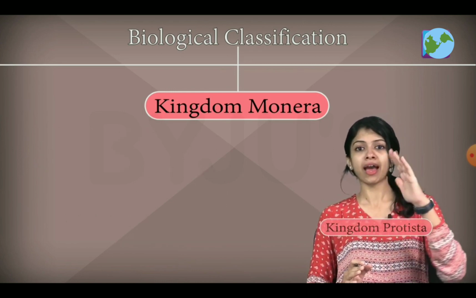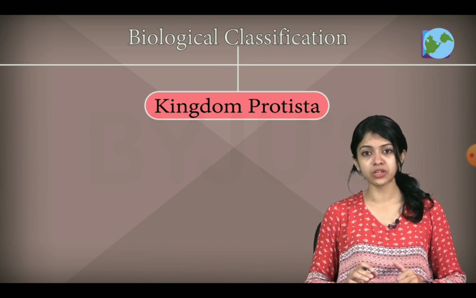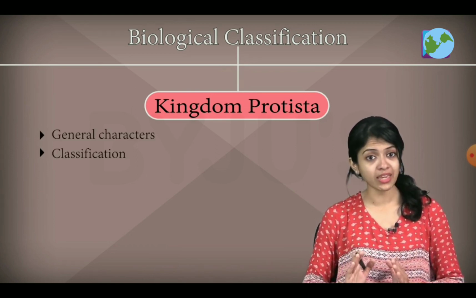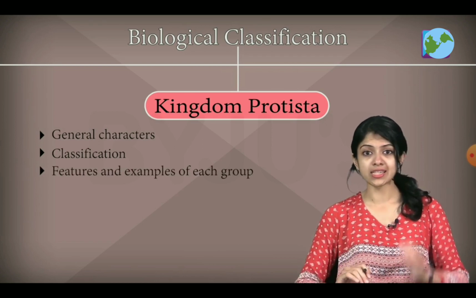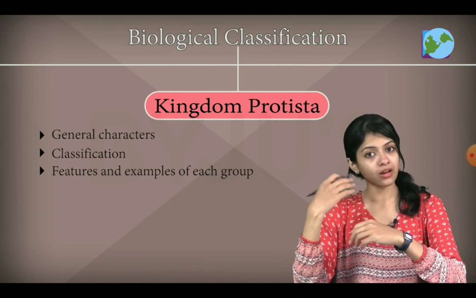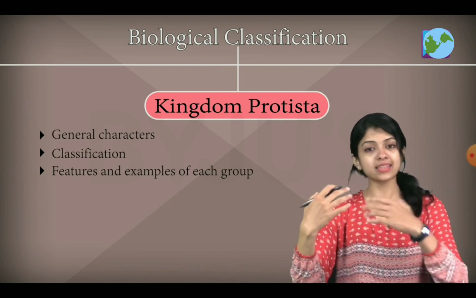Moving ahead, we have Kingdom Protista, in which we again focus on the general characters, classification, and their features and examples of each group, especially those with some economic importance and the disease-causing ones.